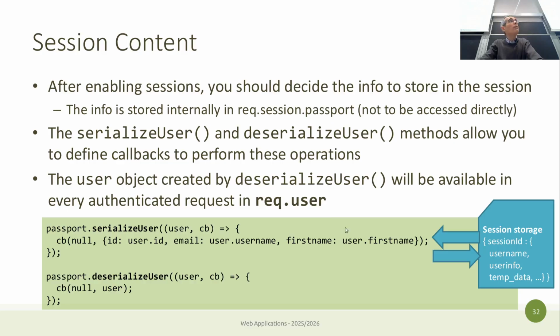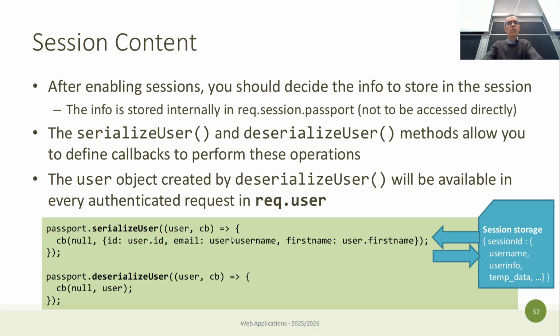So how do we attach information to the session? There are two methods that we need to implement. Actually, we need to pass callbacks to these two methods, serialize and deserialize user. They are called user just because typically you associate user information to sessions, but you can associate whatever you want.